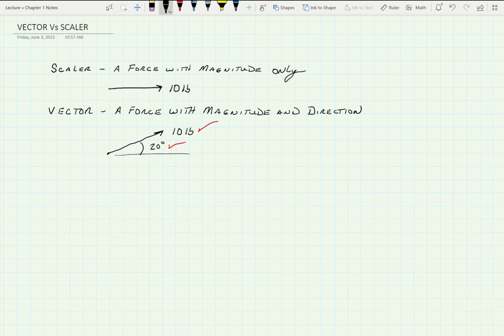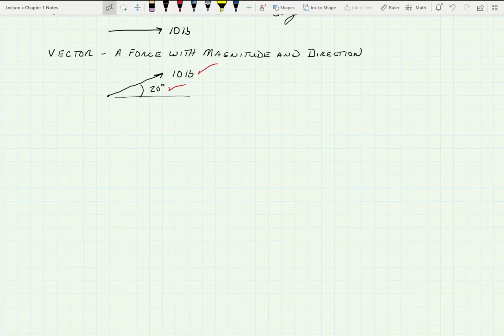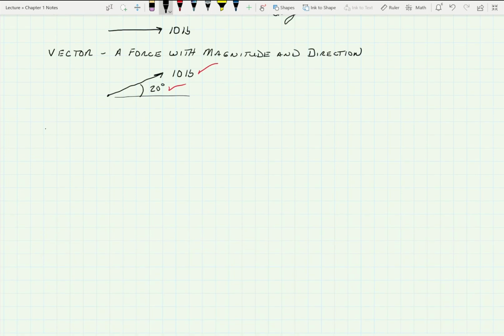That'll come into play later on when we do this. Alright, now there's a couple ways to find things that make this useful for us, and one of the things we're going to be looking at is finding the resultant of two vectors, okay?